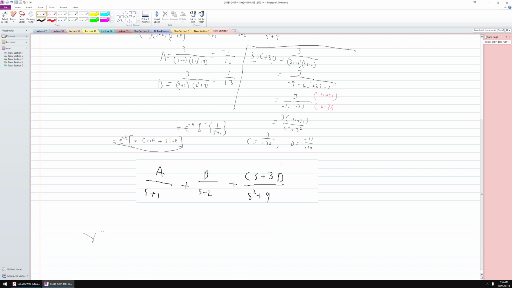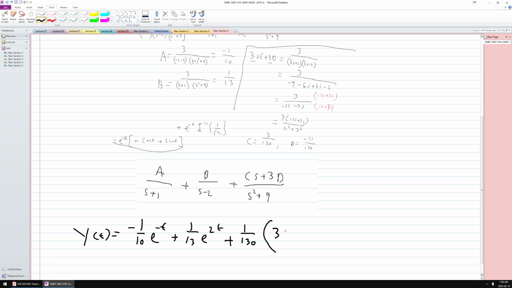I'm going to use a thicker marker because I zoomed out. It's going to be a, so a is minus 1 over 10, e to the minus t, plus b, b is 1 over 13, e to the 2t, plus c, c is 3 over 130, so I'm just going to factor out the 130, because both c and d have that factor.